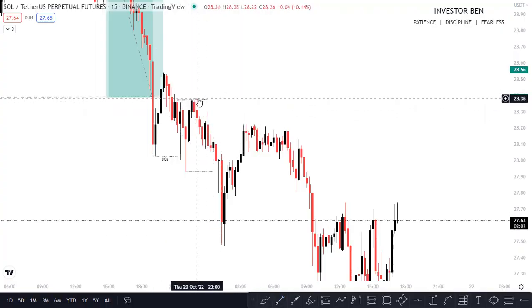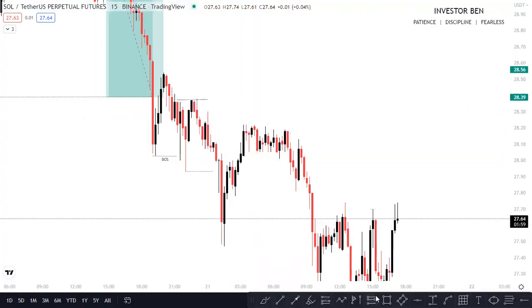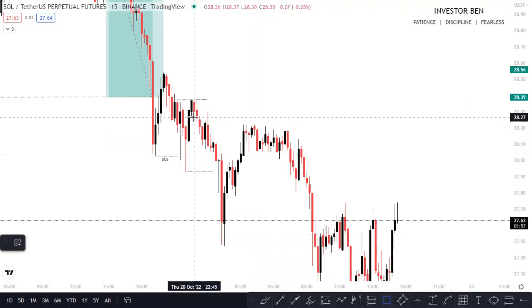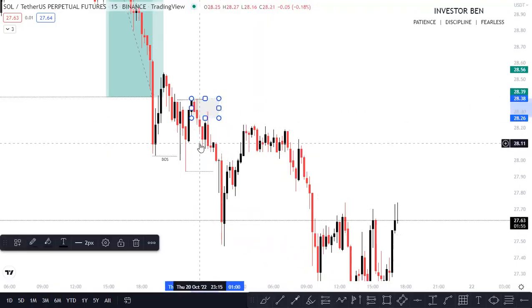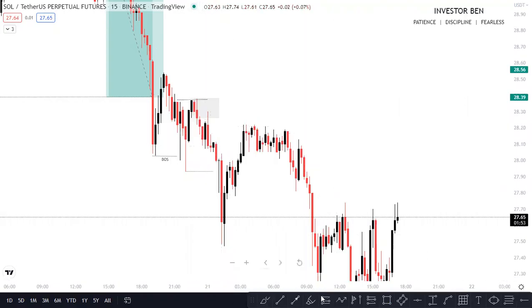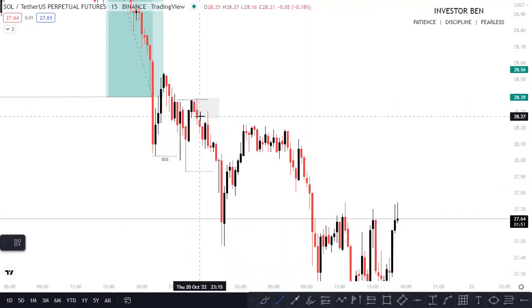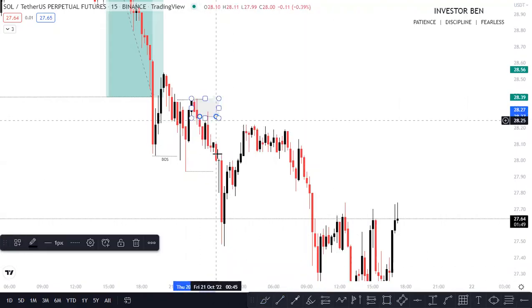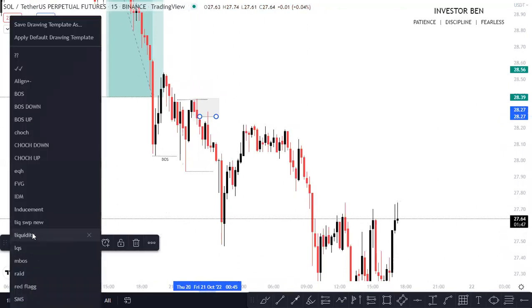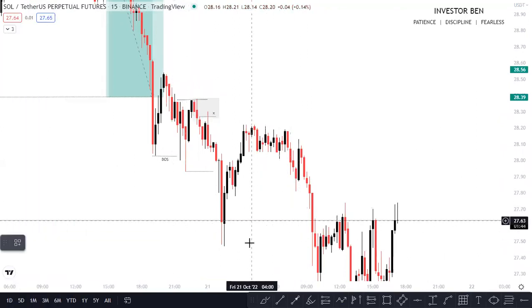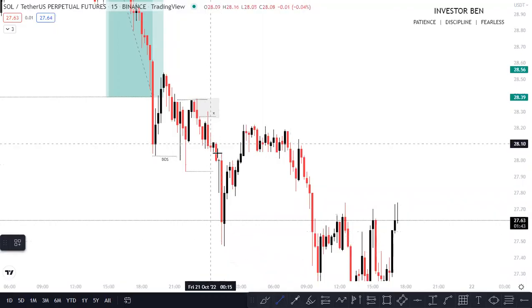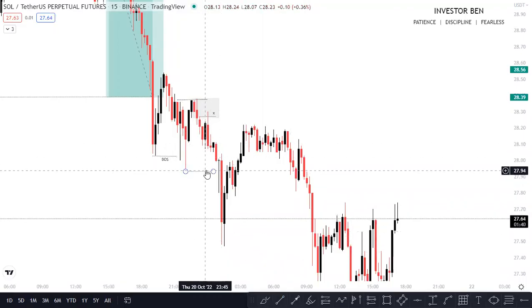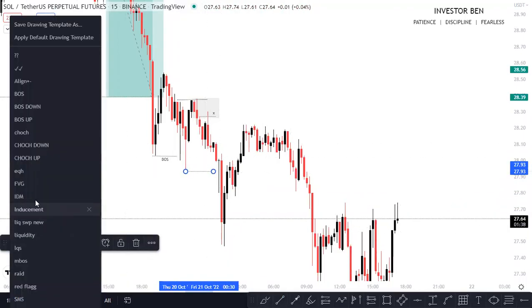But then as price took out liquidity from them, it came back, reversed, and price mitigated this point, you know. Then we cleared liquidity from this high again. We cleared liquidity after we gave this BOS, right? After we had this BOS here.